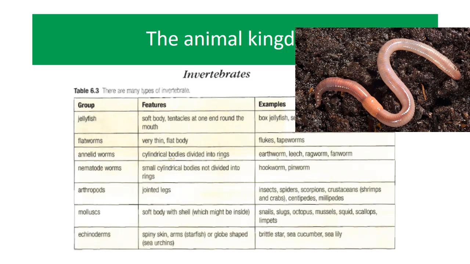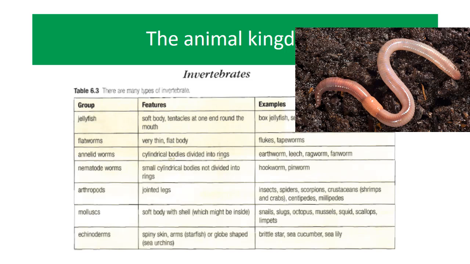The next one is annelid worms. Annelid means ringed worms. Their bodies, as you can see, are cylindrical and divided into rings. It means they have small ring segments in their body. That's why we sometimes call them ring-containing worms.